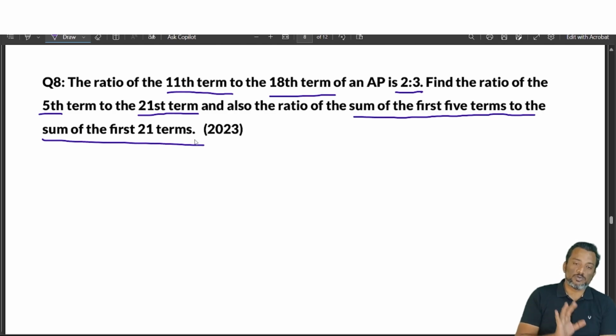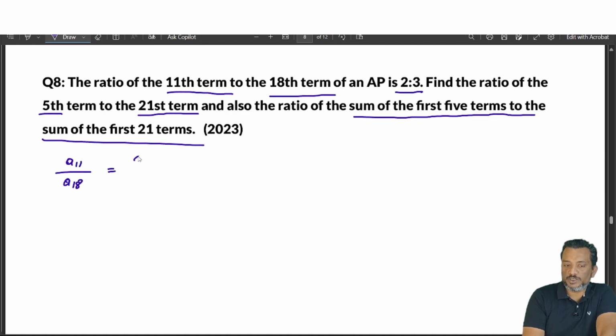Okay, so this is a bigger question. So first, same way we can say A11 over A18 is equal to, given, 2:3. It is saying the 11th term to 18th term. So 11 will come in the numerator and 18 in the denominator.